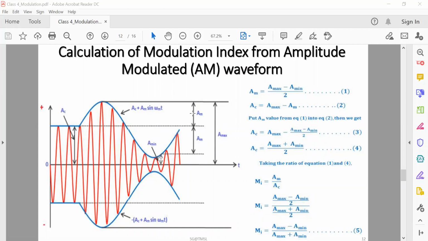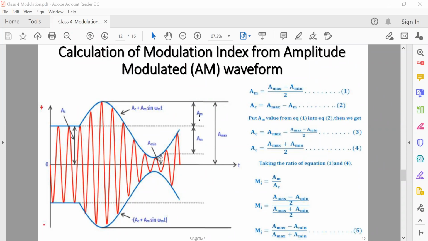And this one is again A_m, the message signal amplitude, and this is the minimum position where we get the minimum amplitude in the message signal. So we can write A_m as maximum amplitude minus minimum amplitude divided by 2.